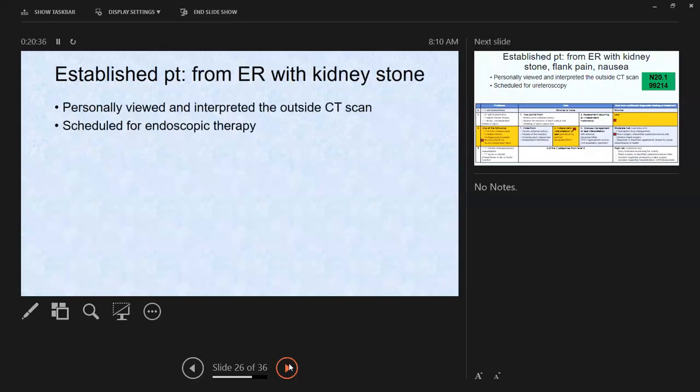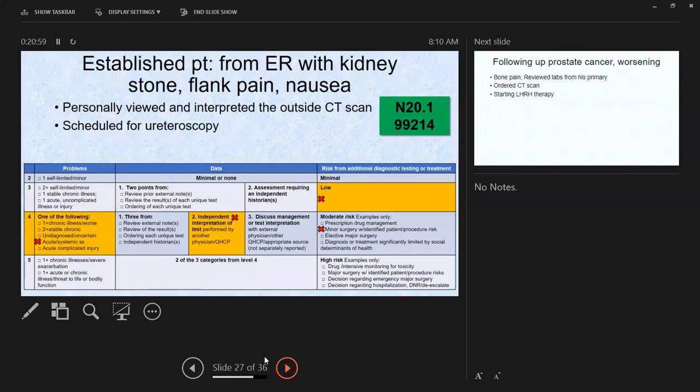An established patient comes from the ER with a new kidney stone. You document that you personally viewed and interpreted for yourself the outside CT scan and write in a note, I personally looked at the CAT scan and I agree there's a 6 millimeter stone in the mid-right ureter with no other stones seen. You interpret it yourself, write that in the note. Let's say you schedule the patient for a ureteroscopy.